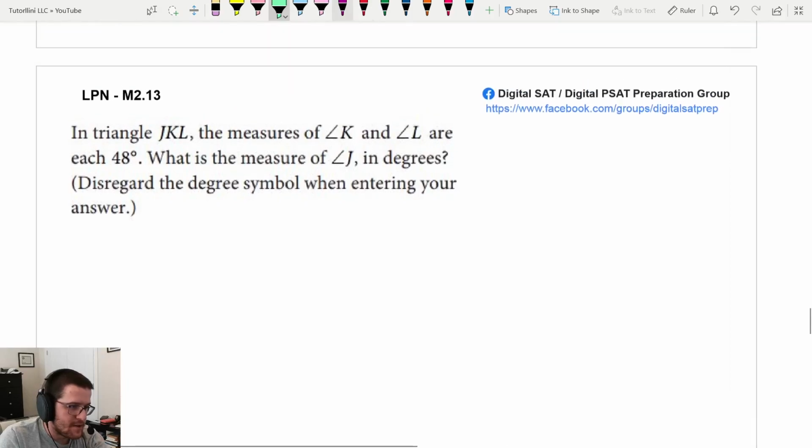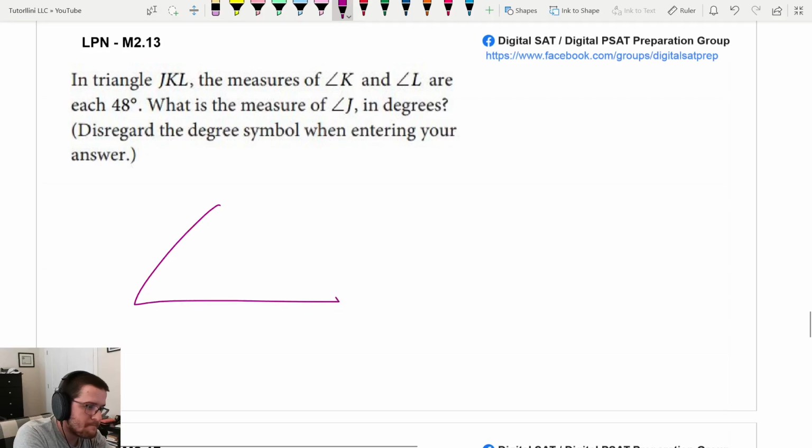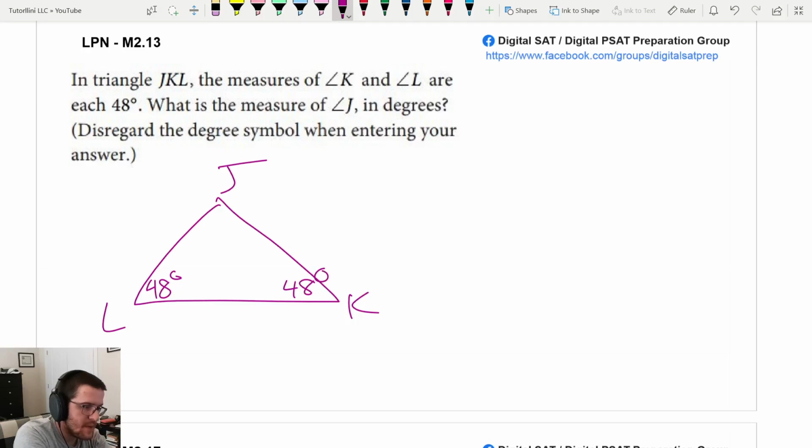All right, we got a triangle, and you can draw it. It says K and L are each 48 degrees. Let's label that. And we want to find J, so why don't we call that x? So triangles have a total of 180 degrees.